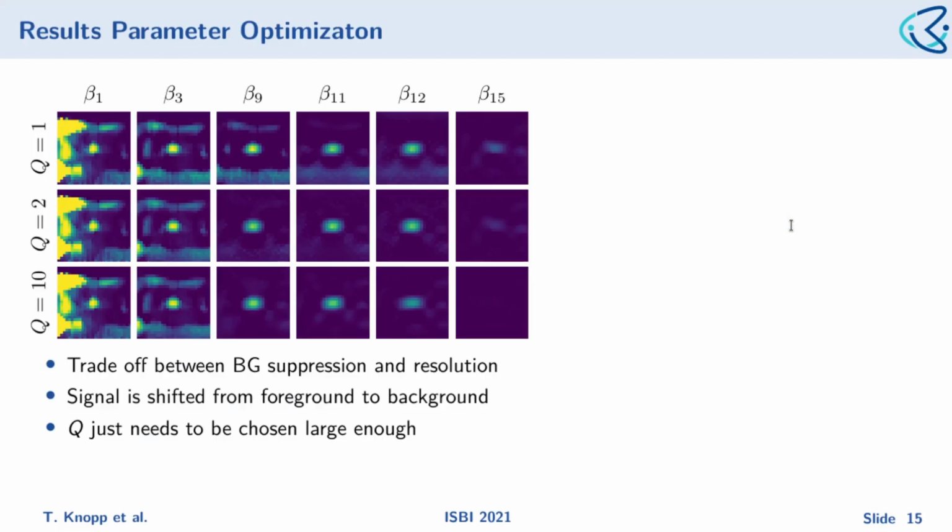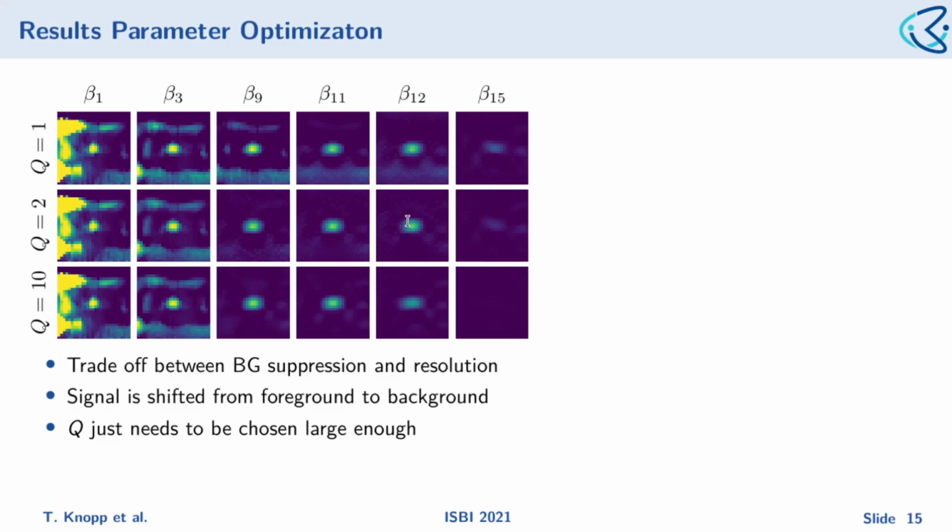Here one can now see the results for the parameter optimization. For large beta, shown in the first column, the background correction is basically disabled and does not remove the artifacts. With increasing beta, the artifacts are reduced more and more. However, simultaneously, one can also observe a loss in spatial resolution of the reconstructed dot sample.